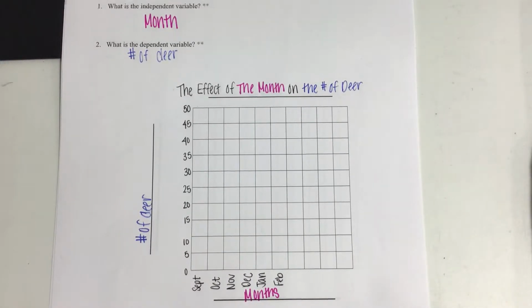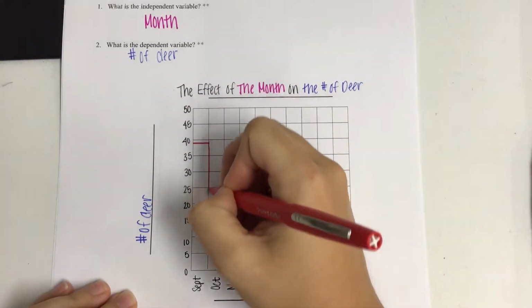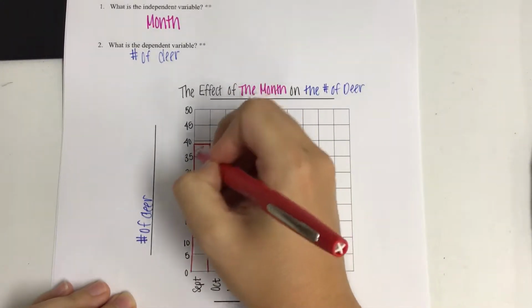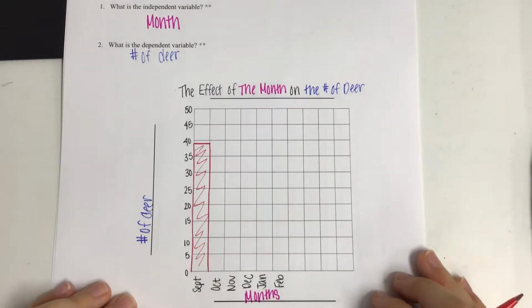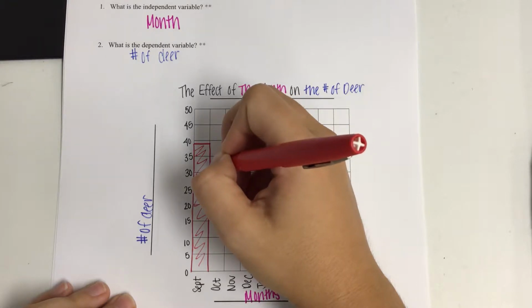So now we have everything categorized, labeled, we have our scales, so we can go ahead and graph our information. In September, we had 38 deer, so that is close to 40. In October, we had 32 deer, so that's closer to 30.